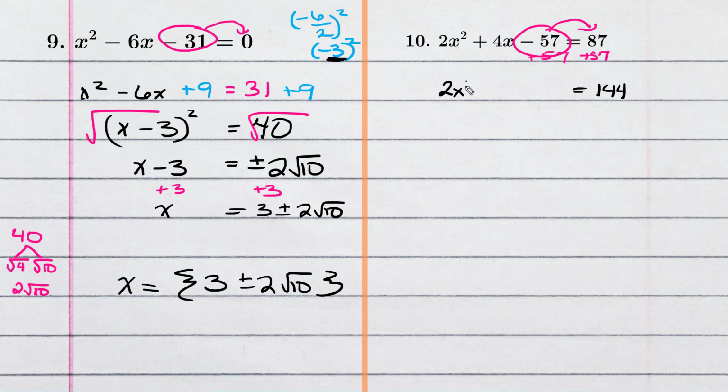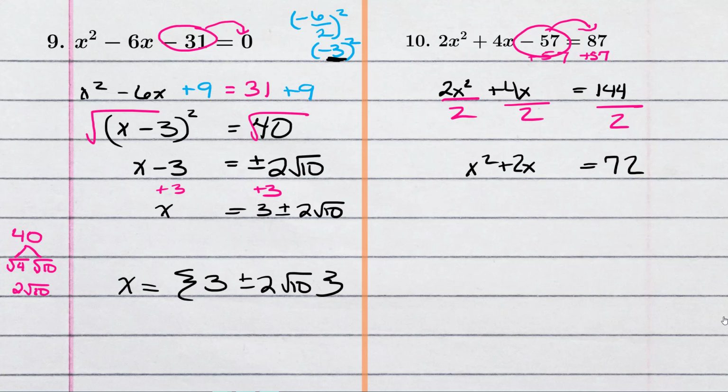And we have 2x squared plus 4x. Now I need to get that number away from in front of the x squared. So I need to divide everything by 2. And so x squared plus 2x is equal to 72.